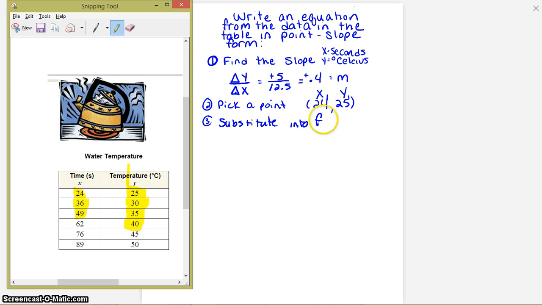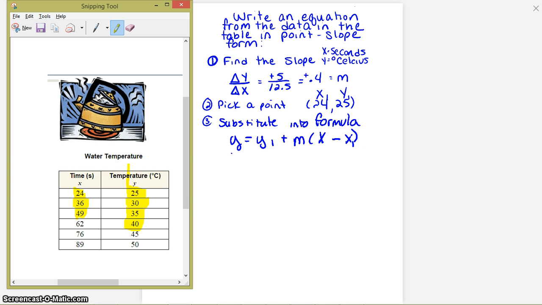You should still be on the same page where you wrote down the formula. So it should be right there. You can look over and it's y equals y1 plus m times x minus x1, right? Cool.